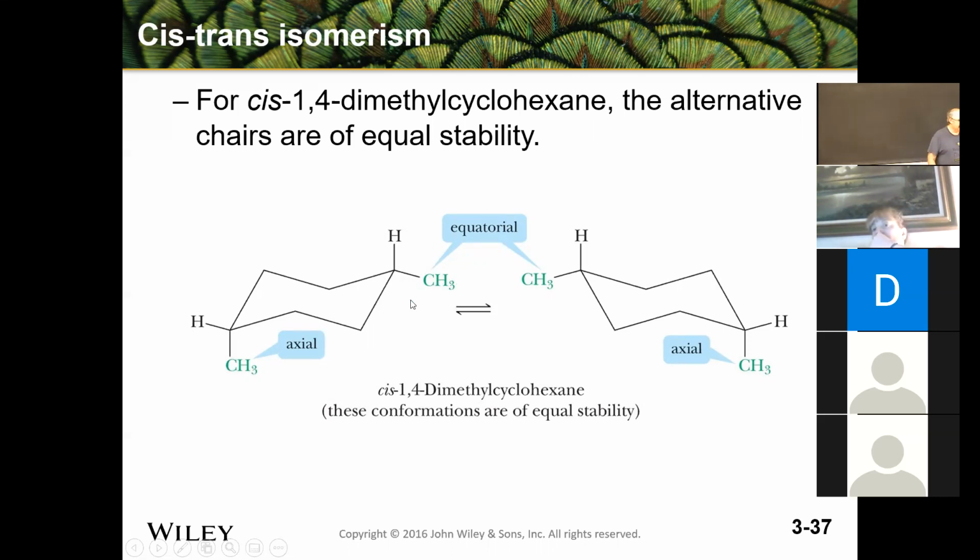Oftentimes the first time you look at it, it's not obvious that this is a cis isomer. When we do the ring flip, what was axial became equatorial, what was equatorial became axial. So in both of these forms, we have one axial, one equatorial, so they're equal stability, unlike the trans 1,4.